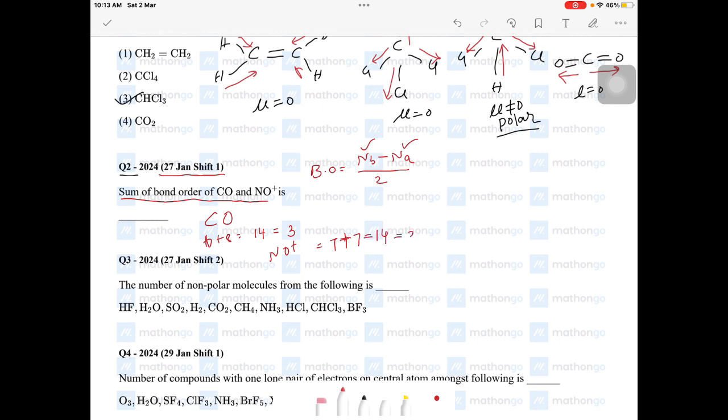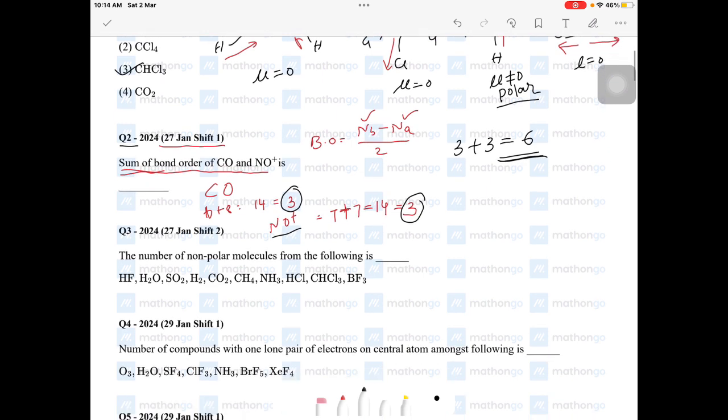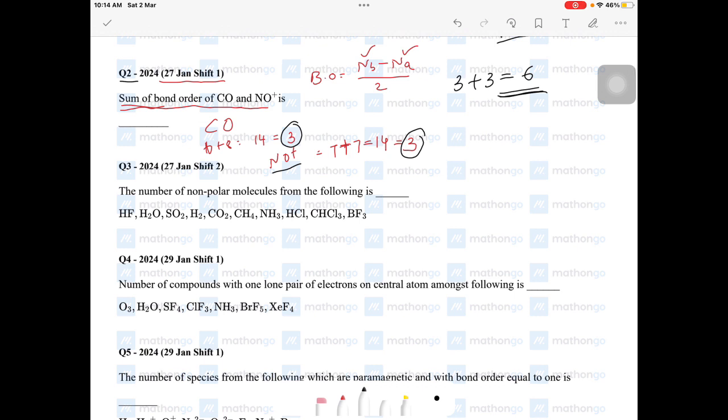Bond order of NO+ is also 3. They ask the sum of bond order: CO is 3 and NO+ is also 3. So 3 plus 3, 6. That's why the sum of bond order of CO and NO+ is 6. Next, third question.